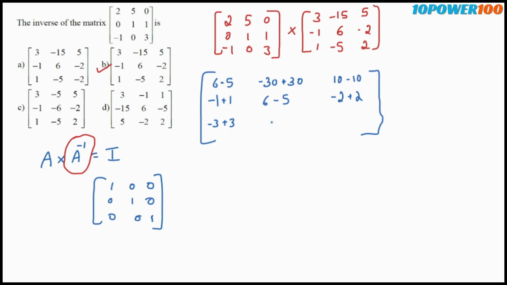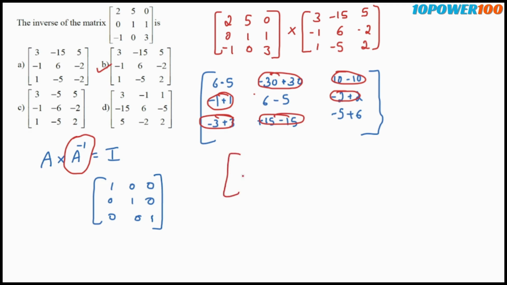Next, third row into second column, so it is plus 15, 0 and minus 15, and the last row, so minus 5, so 3 twos are 6. If you calculate this, we get 0, 0, 0, 0, 0 0.